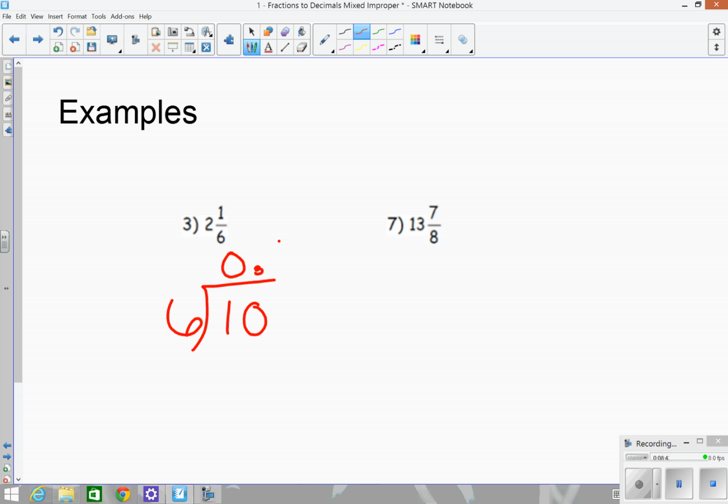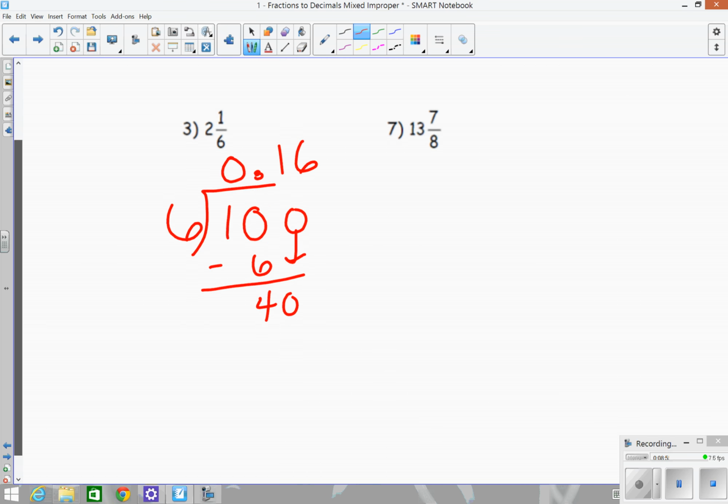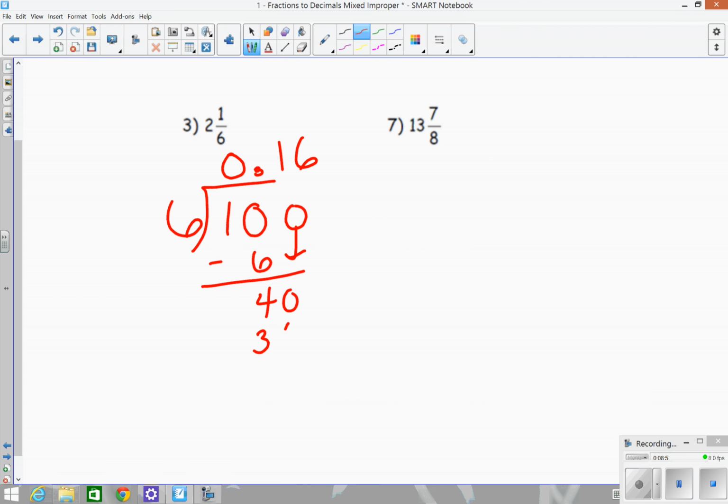6 goes into 10 one time. 1 times 6 is 6. Subtract, you get a remainder of 4. Bring down a 0. 6 goes into 40 6 times. 6 times 6 is 36. Subtract, we get a remainder of 4. Bring down another 0.